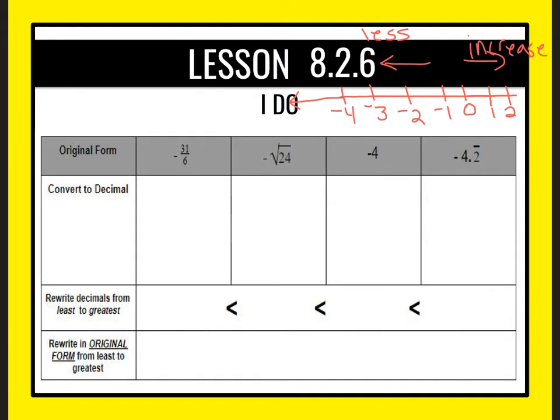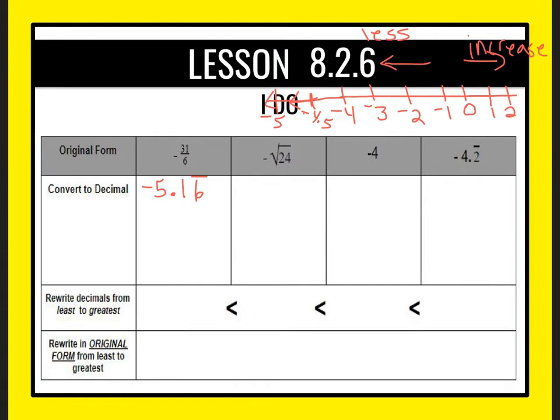So here's -4, and I could go on, and here's -5. So what's in between -4 and -5? Well, -4.5, okay? So the farther I go to the left, the less in value I am. Okay, so if I divide -31 divided by 6, I am going to convert this to a decimal value, and I see that I get the following answer on my calculator.